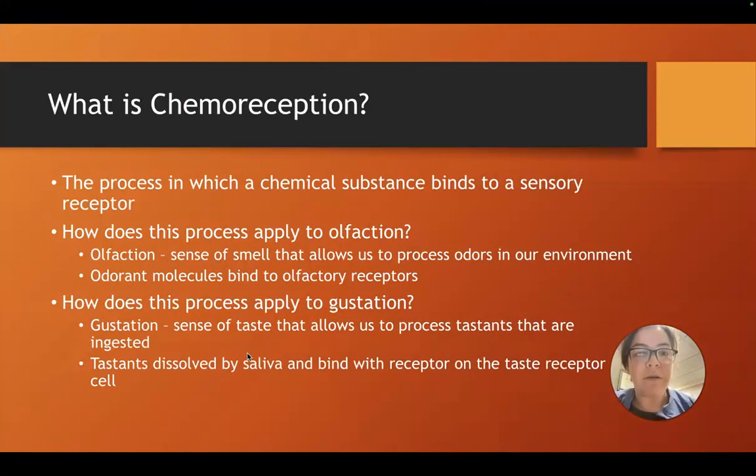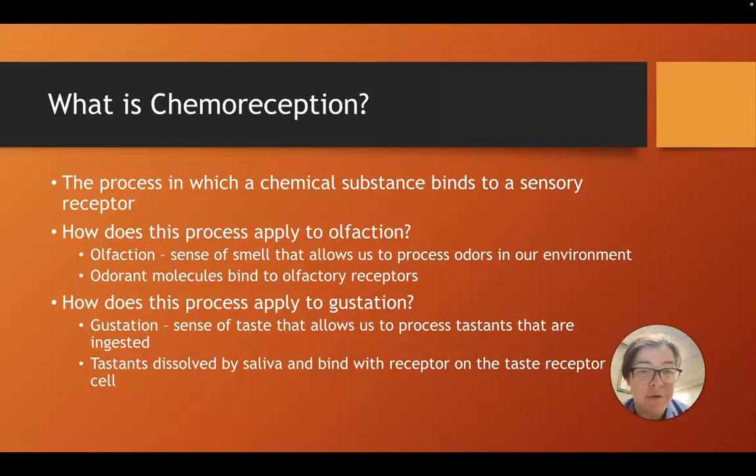Now, when we talk about chemoreception, it is a process in which a chemical substance binds to a sensory receptor and then is essentially transmitted to the neuron to be processed and trigger those action potentials. And there's a couple of ways in which chemoreception can be applied to olfaction, sense of smell, as well as sense of taste.